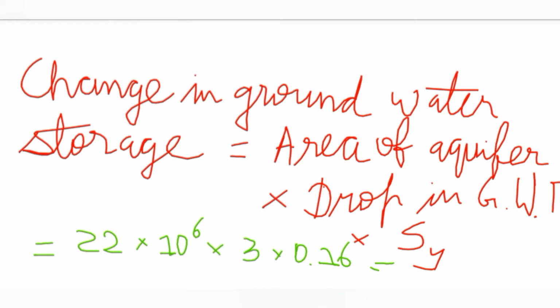So the change in the groundwater storage is equal to 10.56 into 10 raised to 6 meter cube. So we have got the specific yield is 0.16 and the change in the groundwater storage comes out to be 10.56 into 10 raised to 6 meter cube.